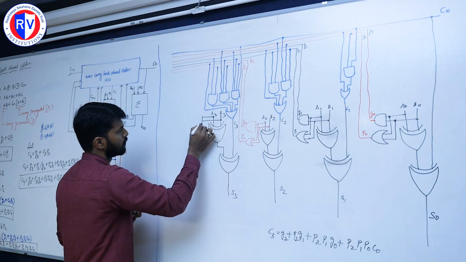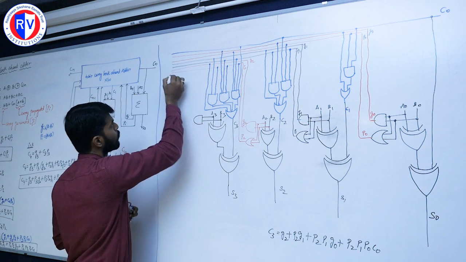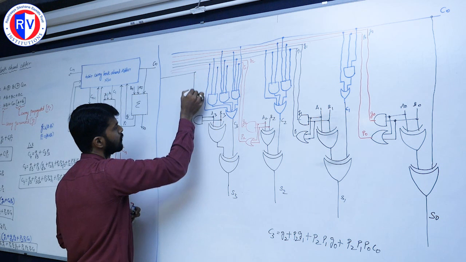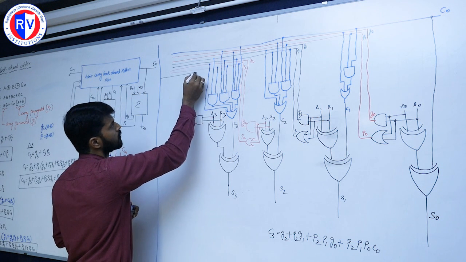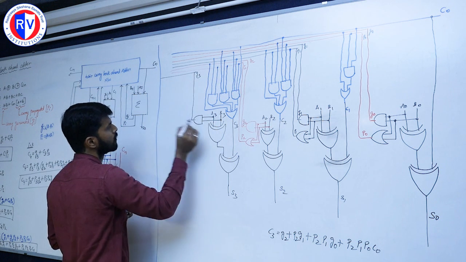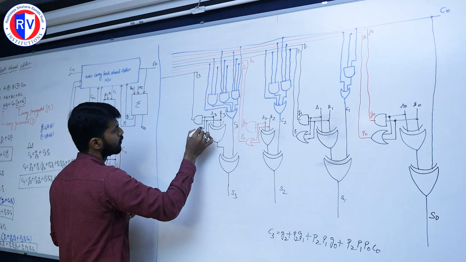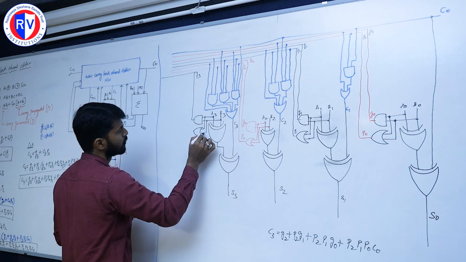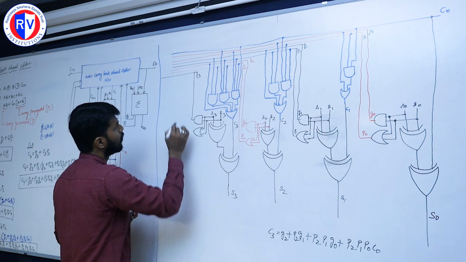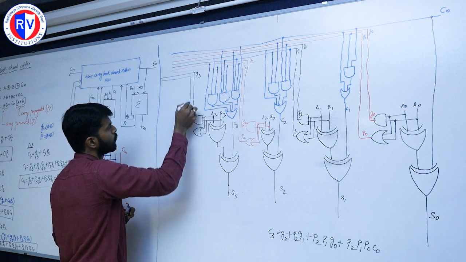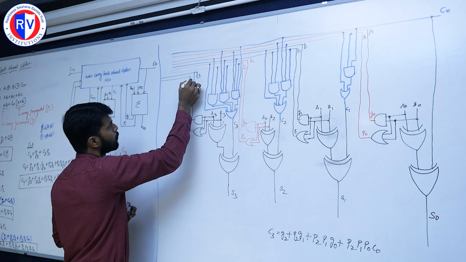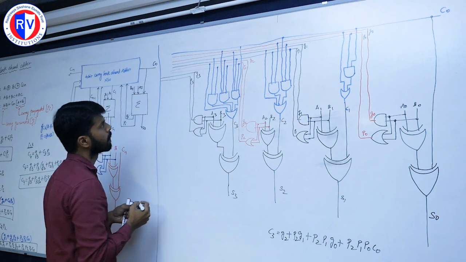and it gets propagated again, which will generate one more propagated signal, that is G3, and one more OR gate, we have P3.